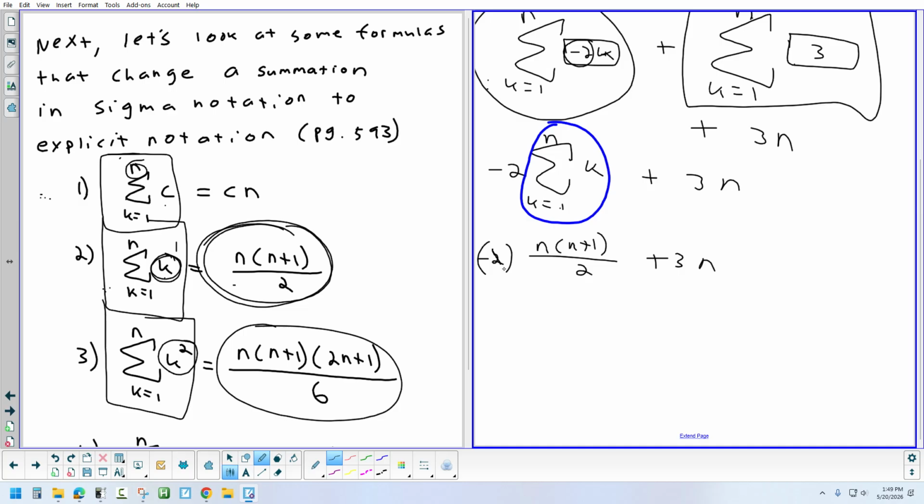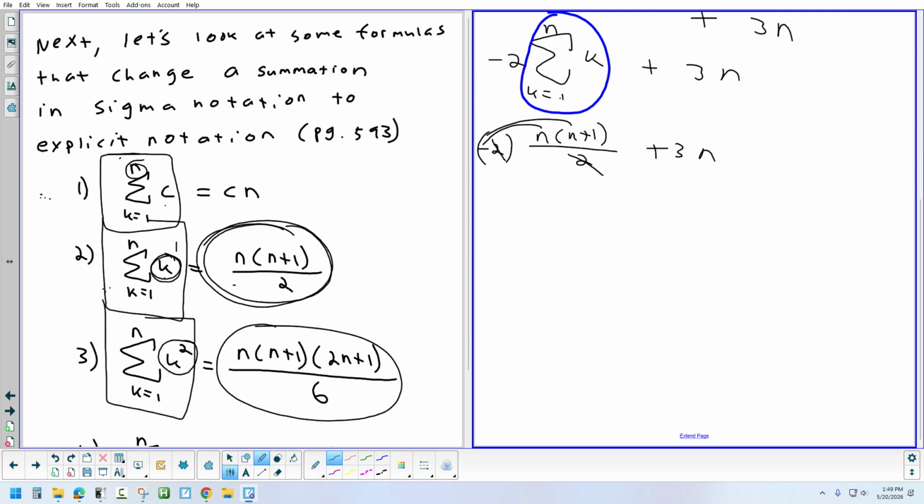Now we just have to clean that up and combine like terms. Multiplying by 2 and dividing by 2 is going to cancel. We have to distribute that negative. So that's negative n. Well, actually, let me do it like this. Let's distribute the negative n there, and then the negative n there.